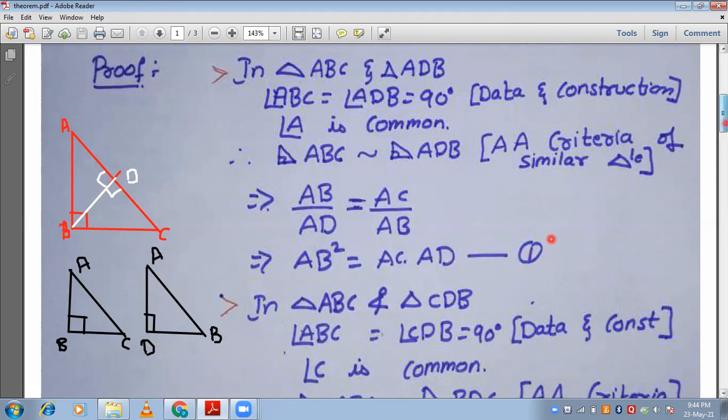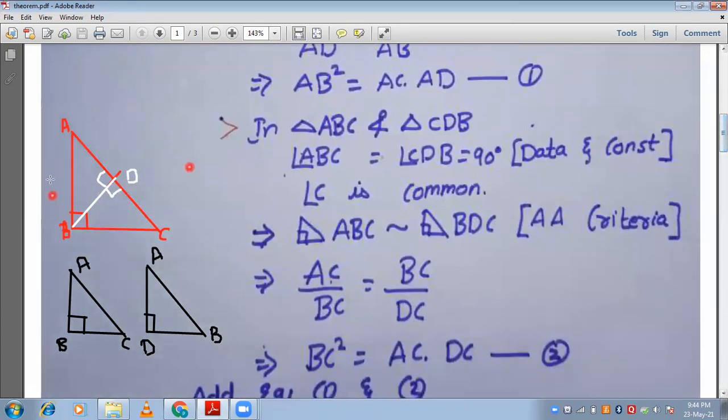Next, take triangle ABC. First we took triangle ABD. Next, we need to take triangle BDC.